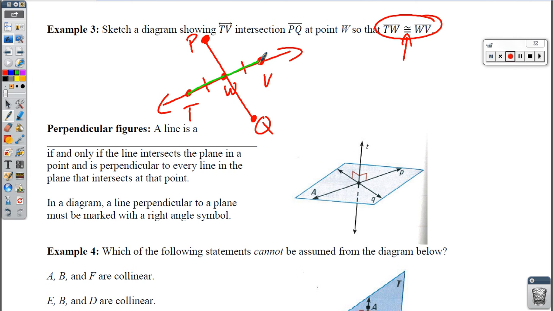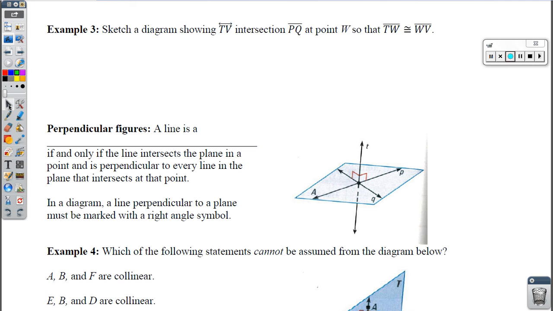All right, perpendicular figures. So a line can be perpendicular to a plane. Again, we can't really represent three-dimensional objects super well in 2 dimensions, so this picture right here is a little weird looking just because we're trying to take a 3-dimensional object and smash it into 2 dimensions, and so it just looks kind of weird. But we'll do the best we can.